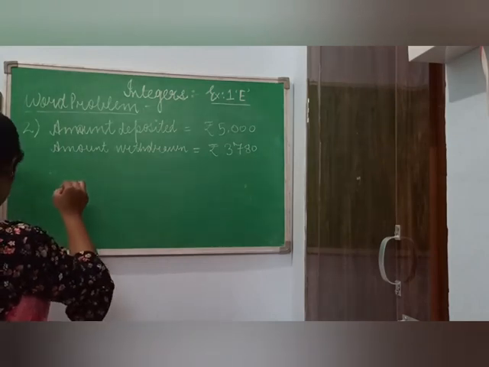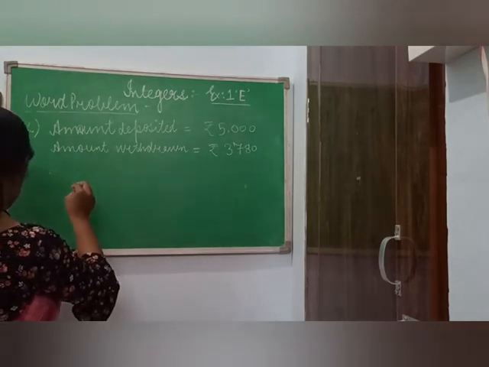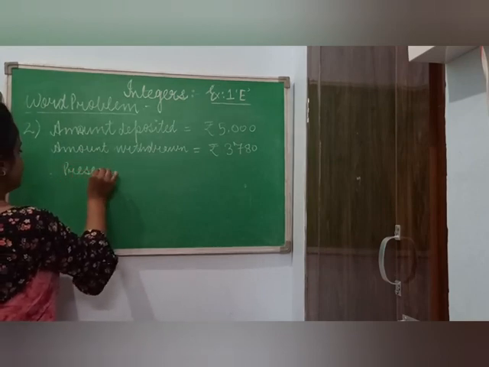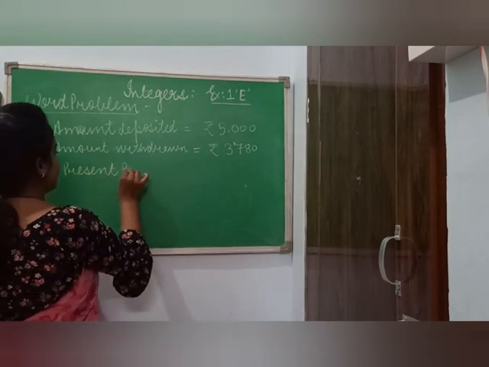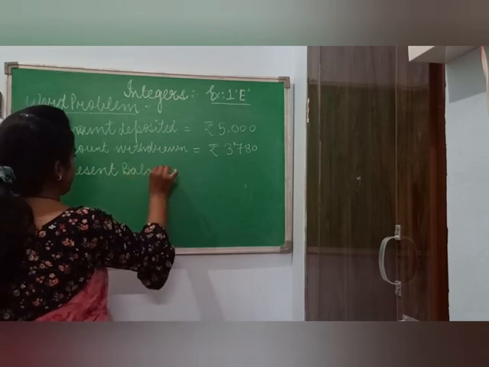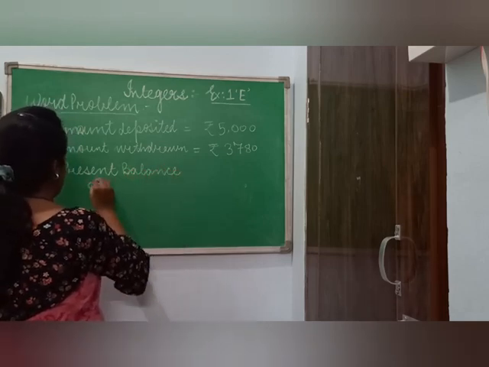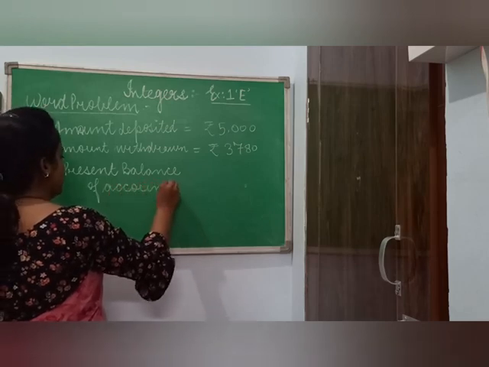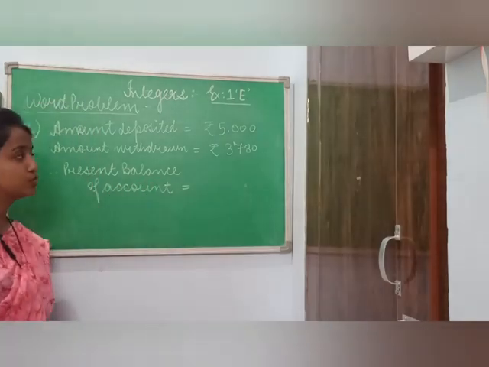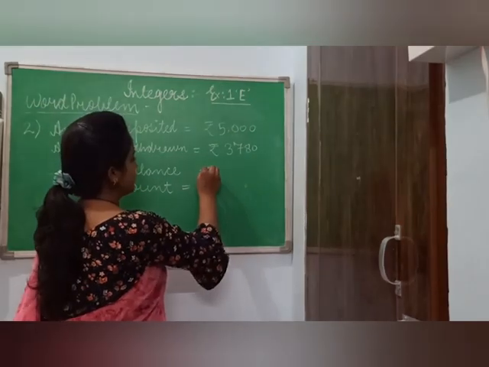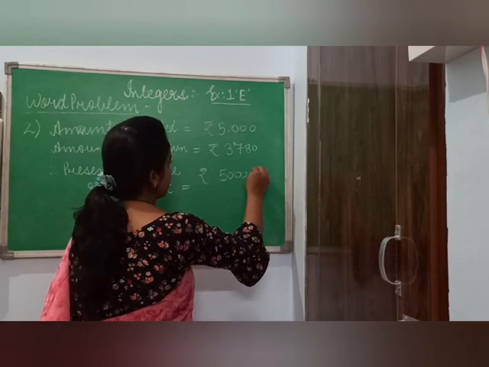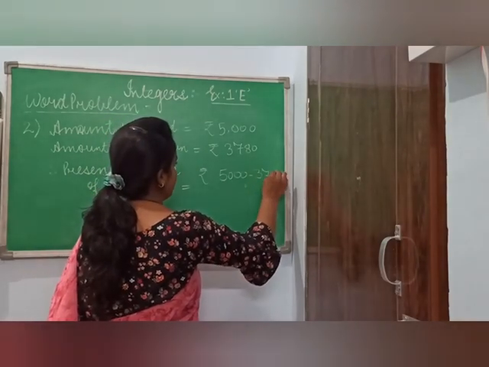Therefore, present balance of account. Therefore, present balance of account will be rupees 5,000 minus 3,780.